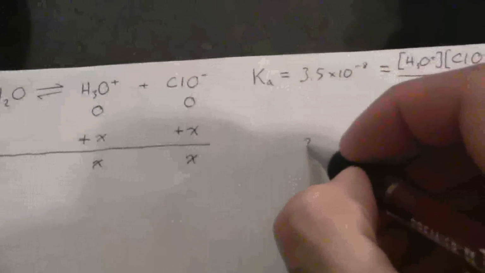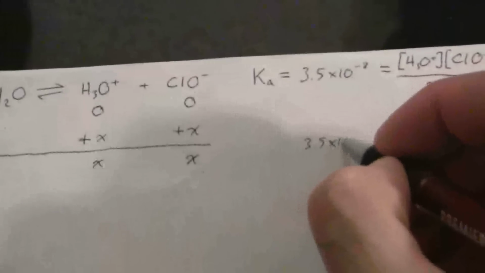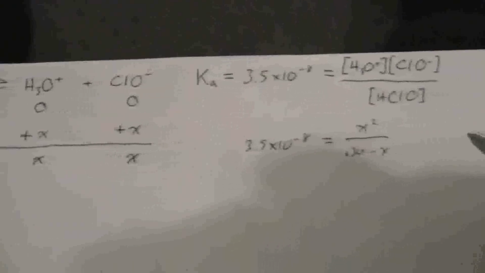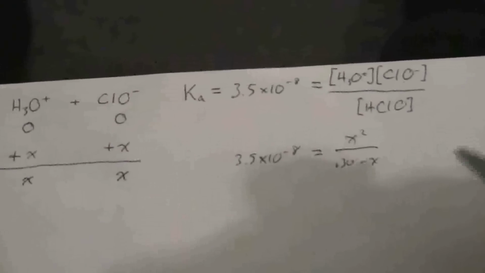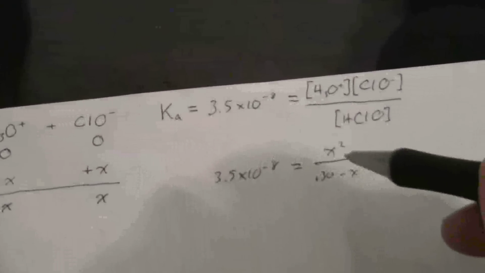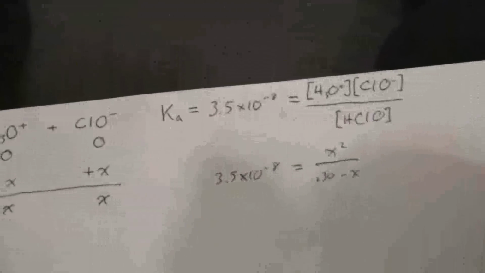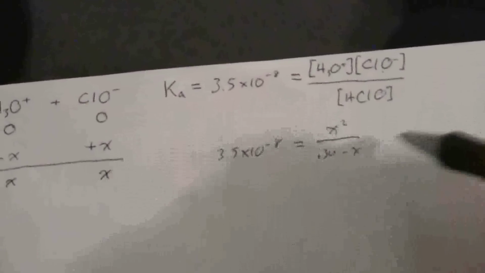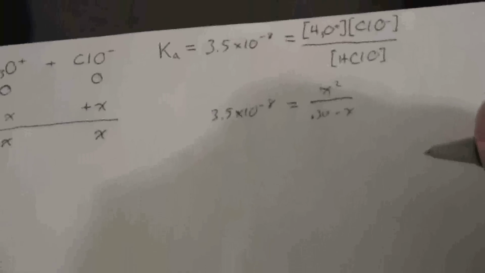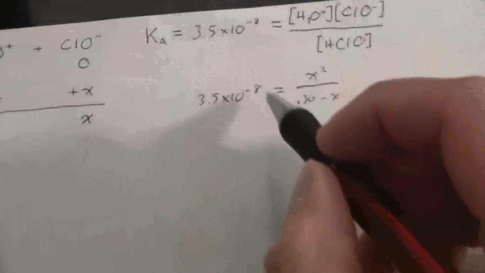That is equal to 3.5 times 10 to the minus 8. We could use the quadratic equation with this if we reformatted it in that form, but I think it's simpler.